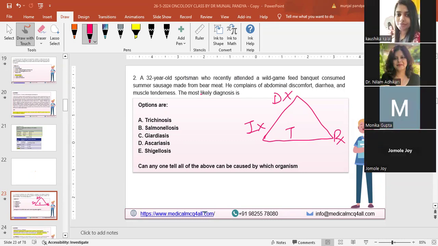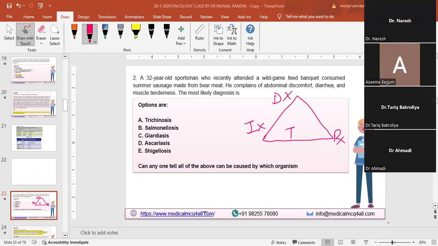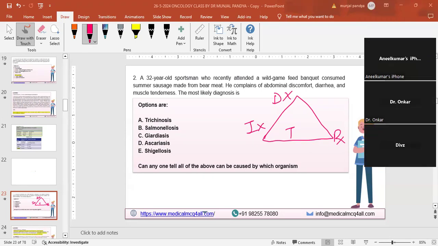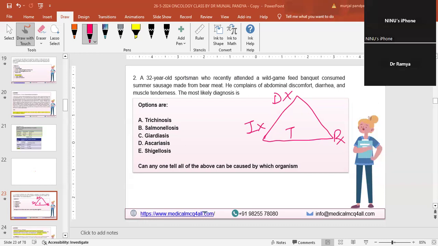Ascariasis is contact with garden soil, and so I think salmonellosis. Fair enough. Let's see what others say.